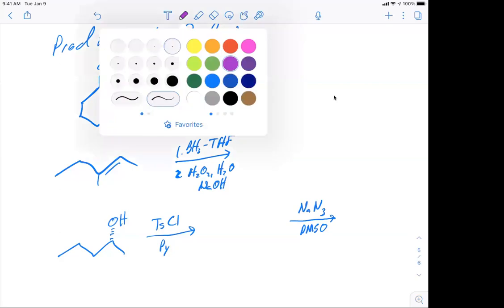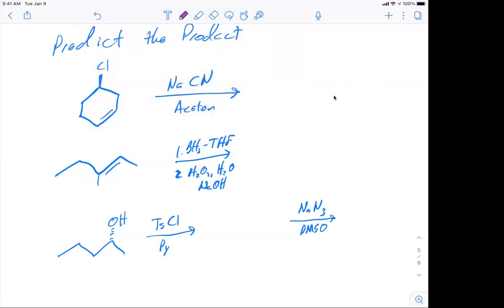In this first one, we have cyanide here, so it's negative, positive, acetone. So this is a good nucleophile. It's not basic, so therefore this is looking like an SN2. We have acetone, which also suggests SN2. Why does that suggest SN2?